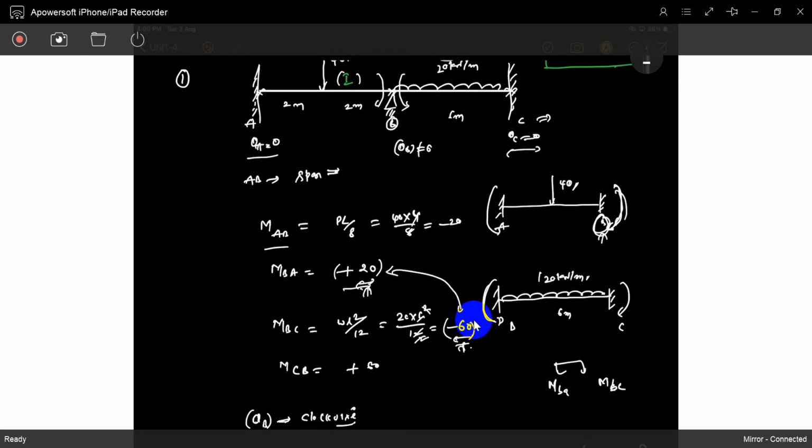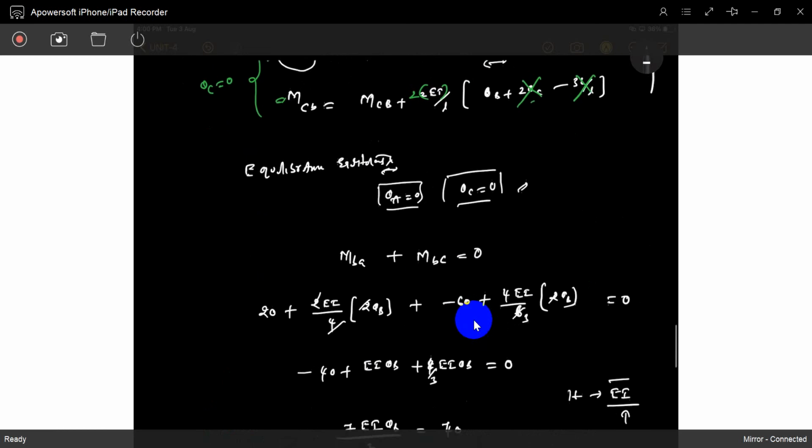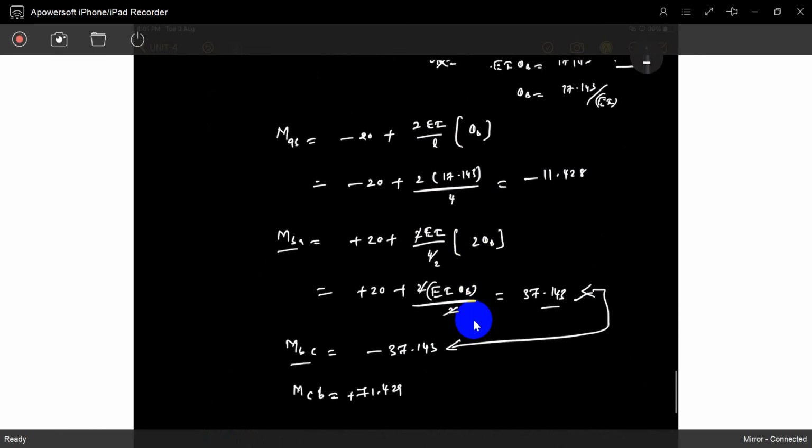Then we considered the rotation of the joint at B, so we get these equations. Later we solve them and find that the MBA and MBC values are equal. If these are not equal, it means you got some wrong value. Understood?